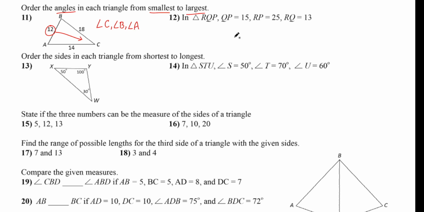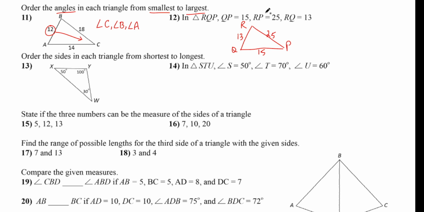This is the same exact thing, except you need to draw the triangle. All right? It doesn't have to be to scale. Okay, just draw a triangle. This is RQP. You put the numbers in. So what's QP? QP is 15. RP is 25. And then RQ is 13.